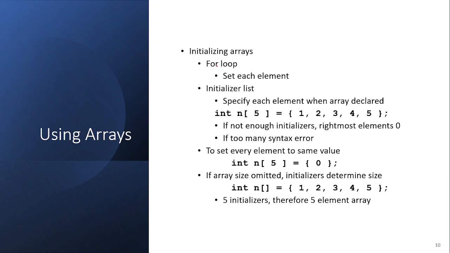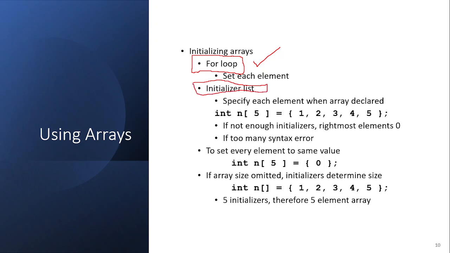That means in order to initialize arrays, you might need to use loops. This is one way of initializing an array. Or you might initialize an array using an initializer list.